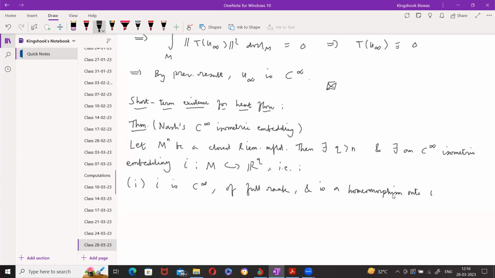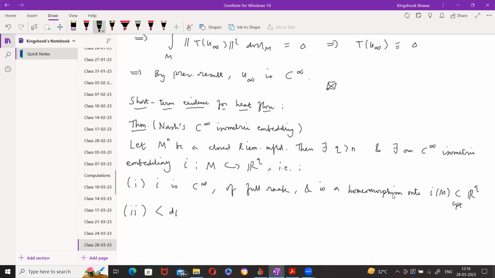Which is a compact subset of RQ. So the image is going to be a submanifold actually of RQ. And secondly, the isometric part means that this map I preserves lengths of tangent vectors. So it preserves inner product.